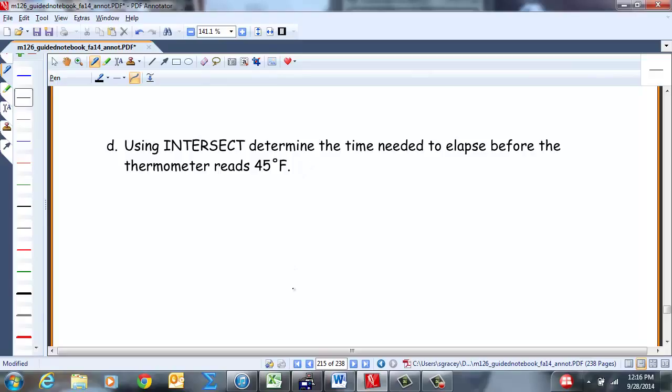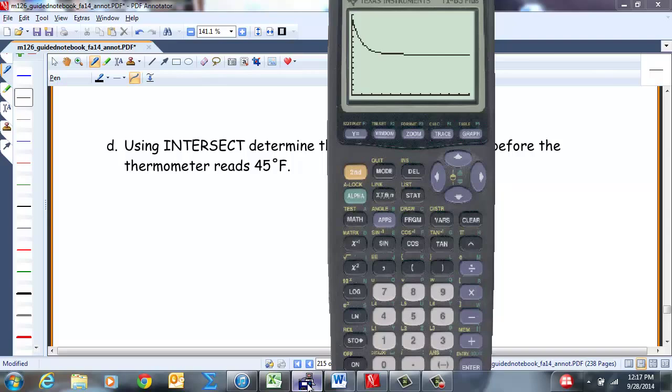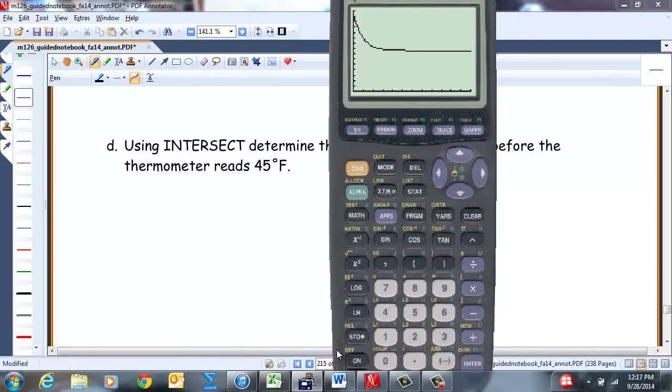Okay, so next up, we want to find out the time needed to elapse before the thermometer reads 45 degrees. So on this one, our Y2 is going to be 45. Graph. And then we'll go to intersect. It's our first curve, second curve, enter.